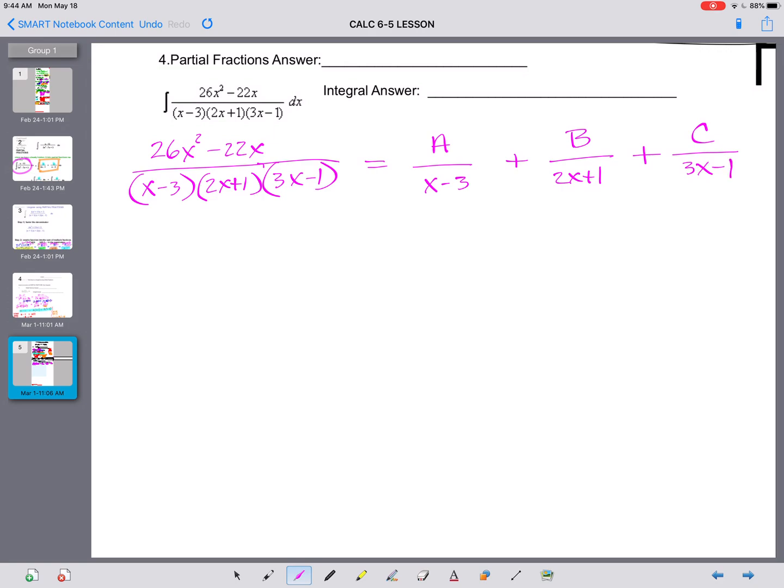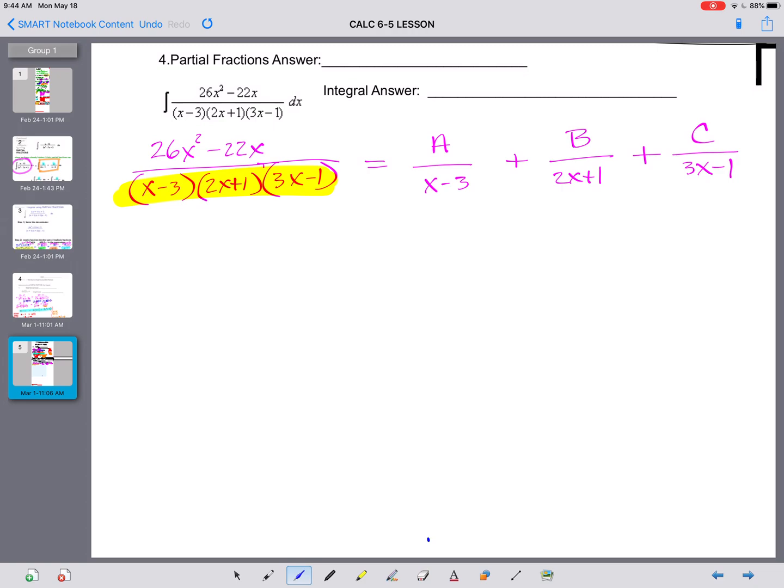Now, what are you going to do? We don't like fractions, so you're going to multiply every term, all 4 terms, by the denominator. Here's what it looks like you're going to get.